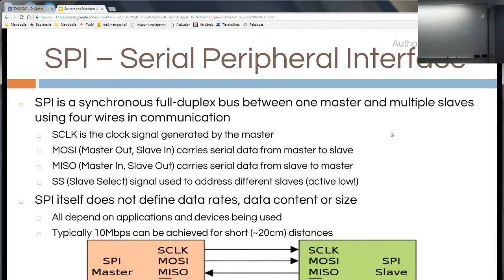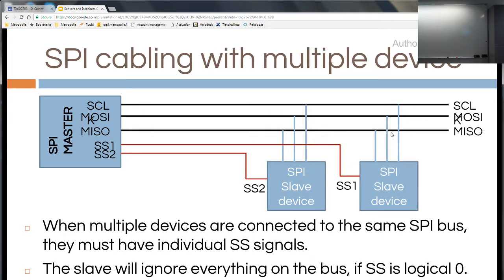Is it state active clock or edge active clock, or is it inverted, or variability. So read the manual. So that's basically the thing. So having more than one, each of those slave devices must have their own individual select signal.